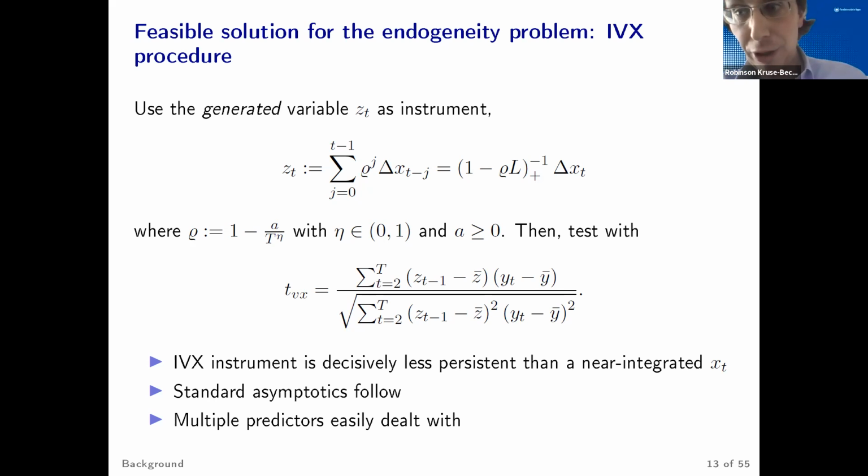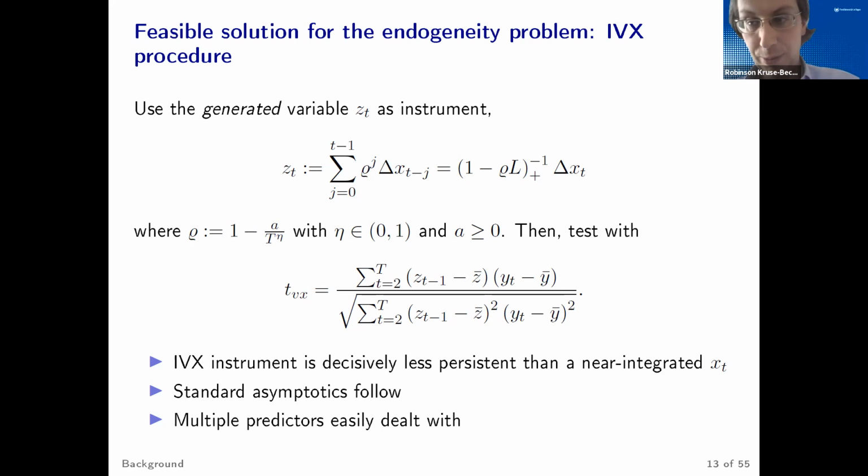You are stripping off some, not all, but some of the persistence in the predictor. So you are taking the same variable, but you reduce its persistence. So what you get is a decisively less persistent instrument. So it qualifies as instrument validity. And if you do not rip off all the autocorrelation, then it's still correlated with the predictor. So it's a relevant instrument.